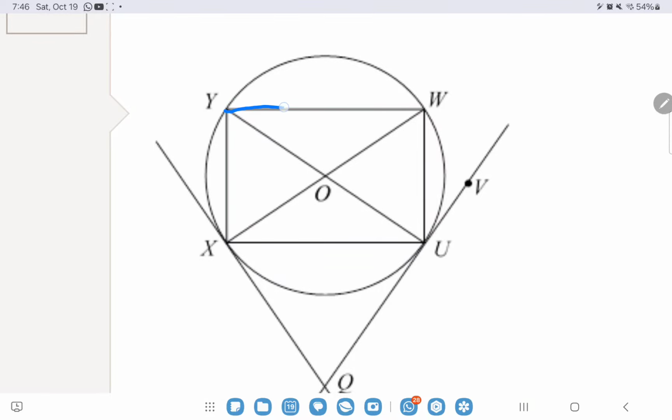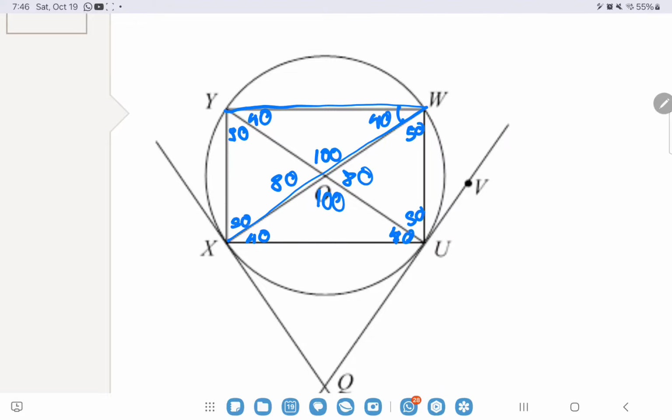If we said this is 80 and this is 80, so this must be 100, because they're linear pairs. If this is 100, then this must be 40, and this must be 40, and this is 50, 50, 50, 50. They want this angle. This angle is 40.